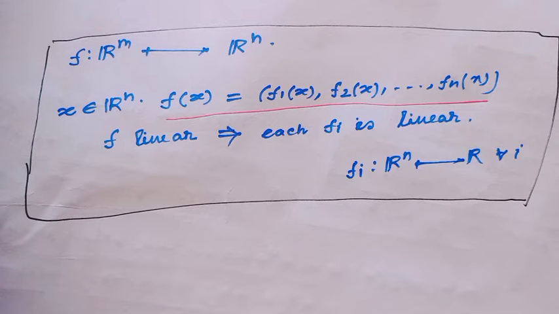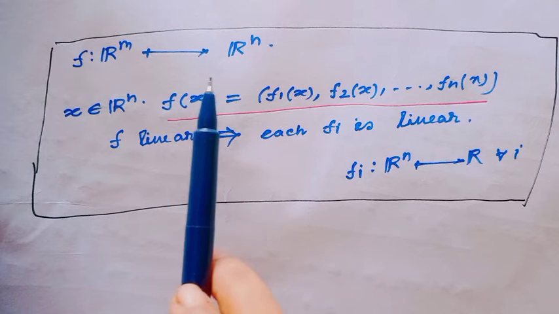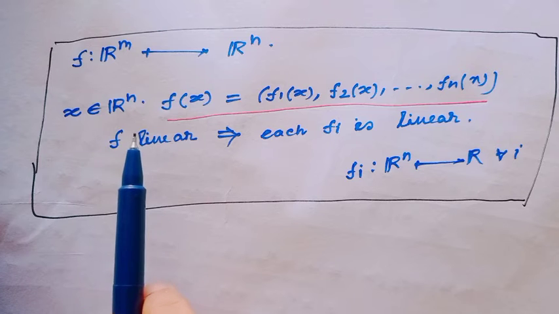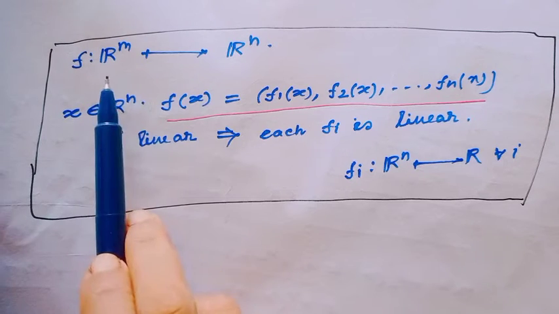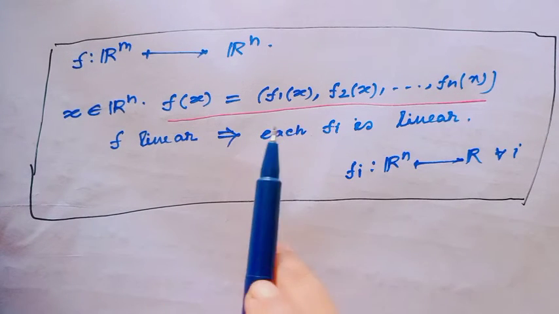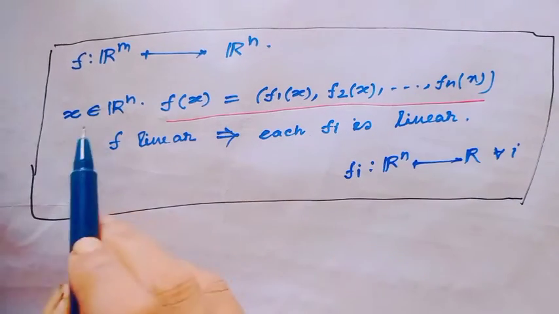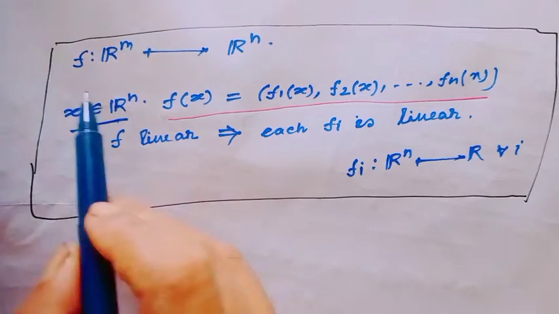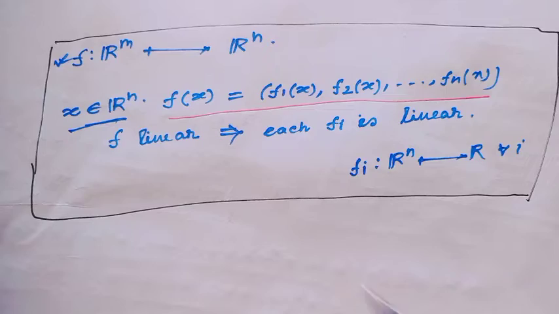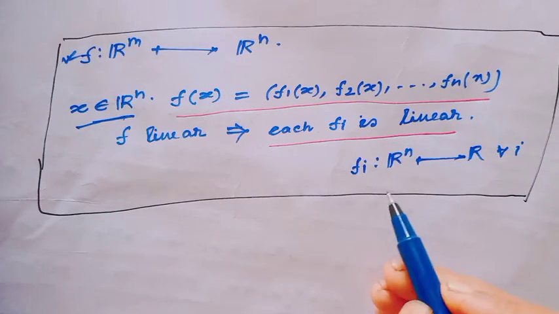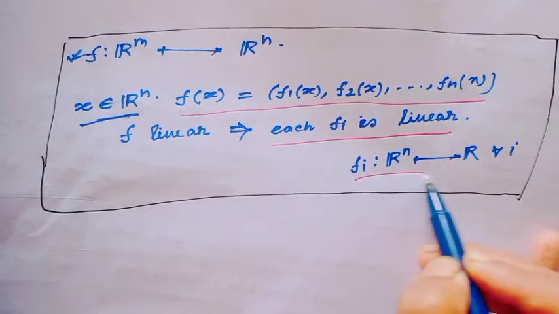First, consider the function of multiple variables. Consider the function f from Rm to Rn, where x belongs to Rm. Then f(x) would be (f1(x), f2(x), up to fn(x)). Then f is linear when each fi is linear, where each fi maps Rm to R for all i.